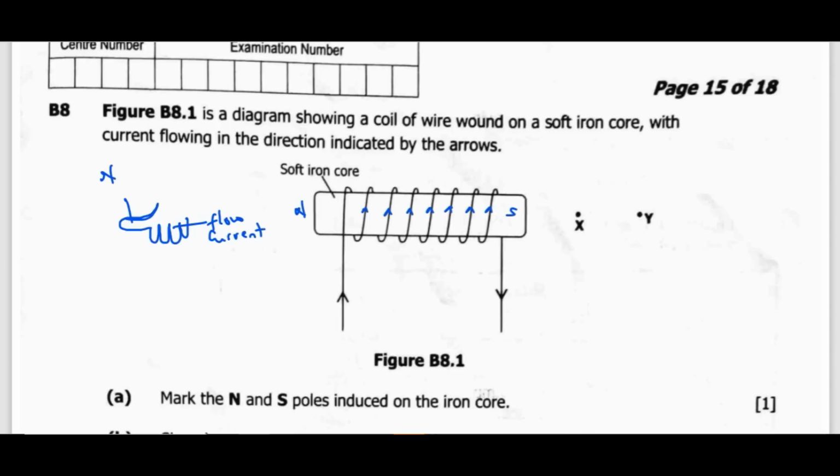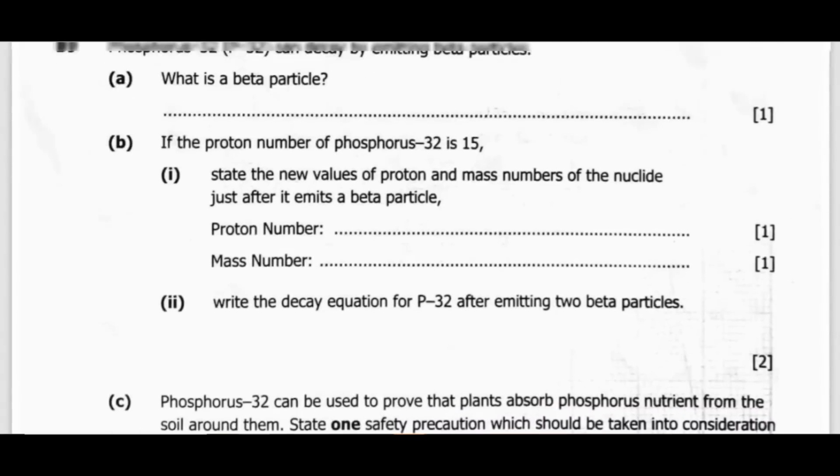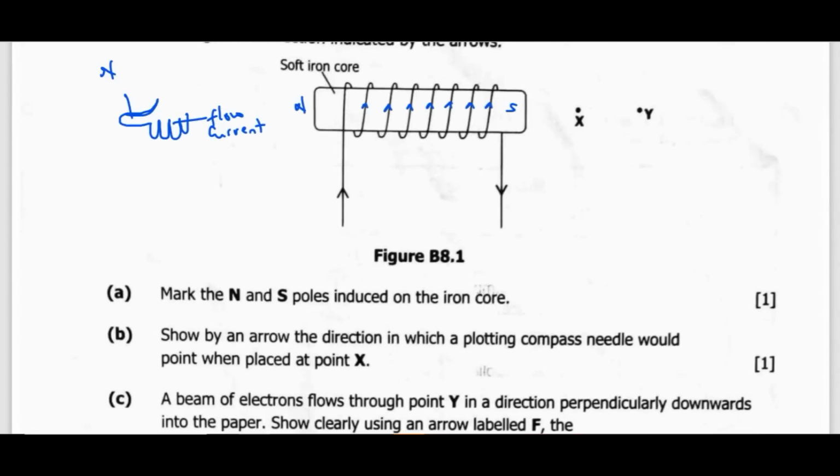Then what else are we looking at here? We are asked to show by an arrow the direction in which a plotting compass needle would point when placed at X. So if a compass needle was placed at X, where will it point?